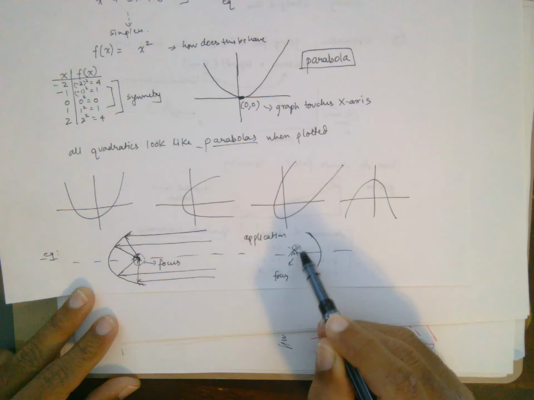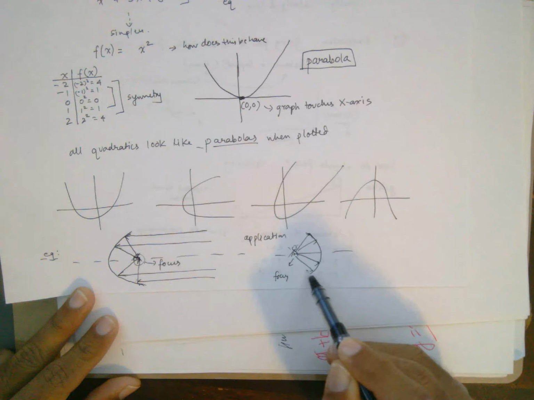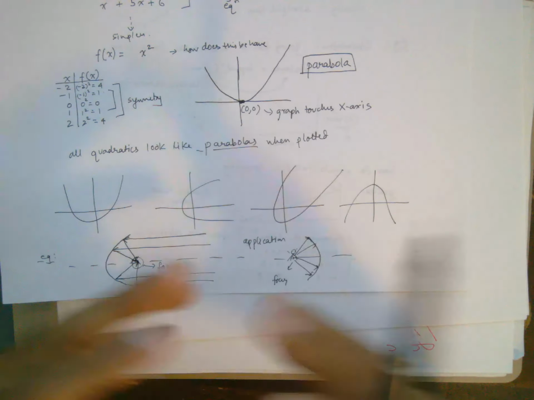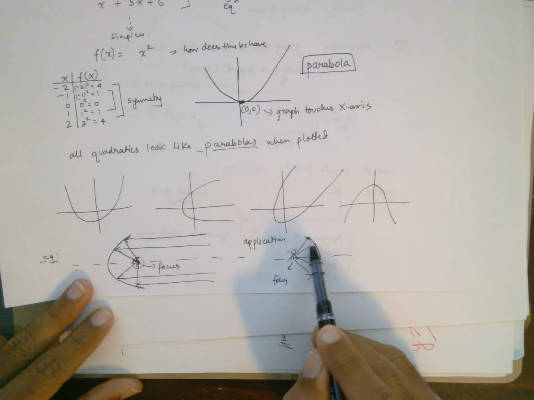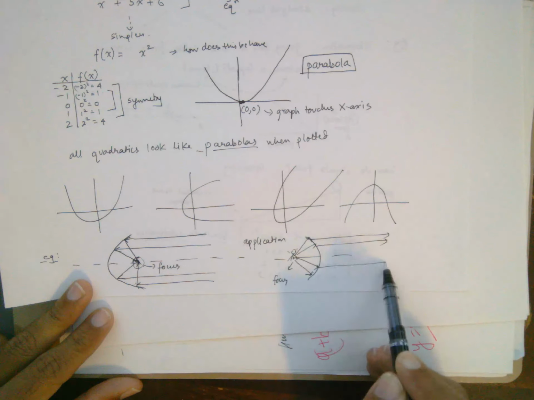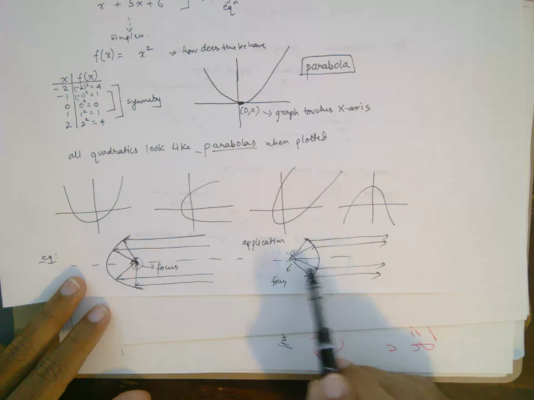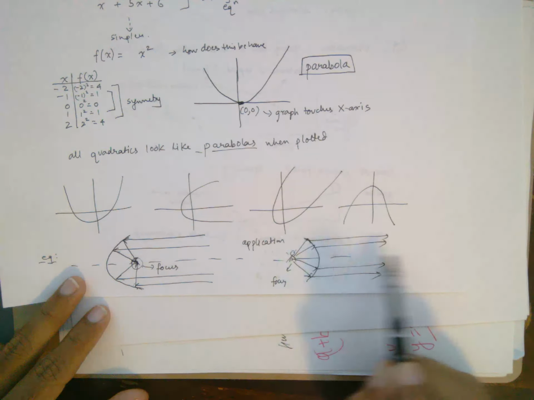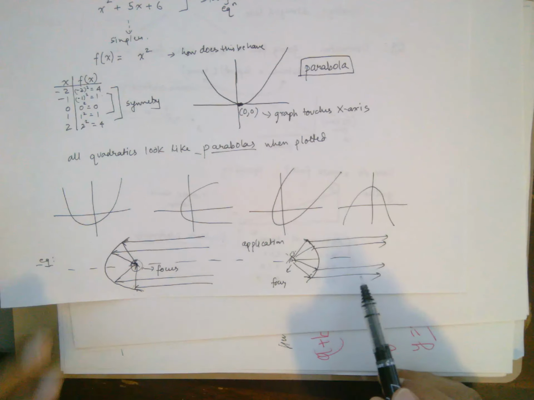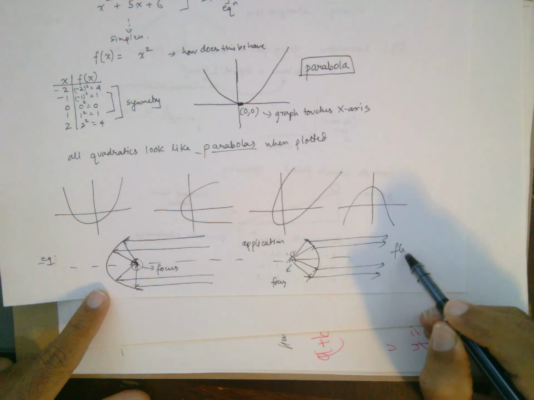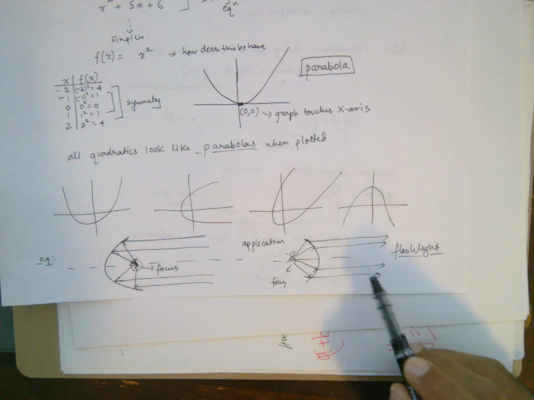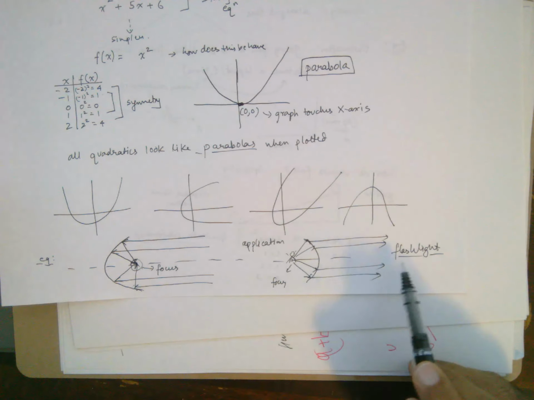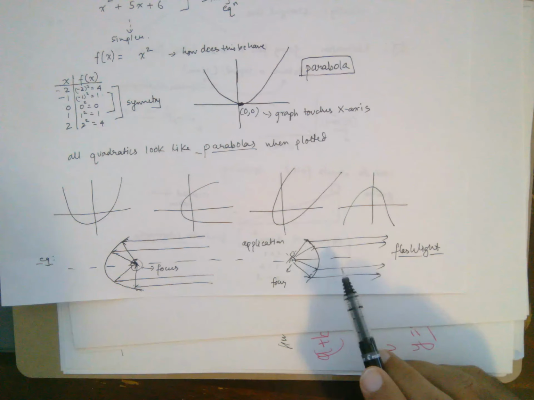When light, which radiates outwards in all directions, hits these surfaces, because of the parabolic nature, the rays become straight lines. So instead of a very diffused source of light, you have a focused, concentrated source of light in straight lines, which is what you want in a flashlight. So flashlights have parabolic reflectors, so that you can have straight lines which you can use to view really far.